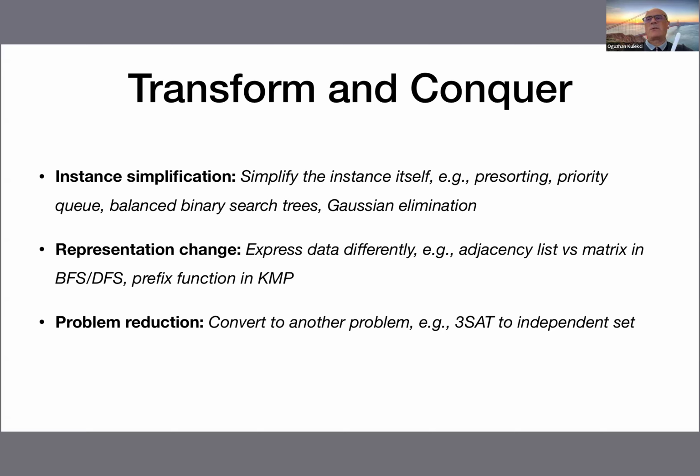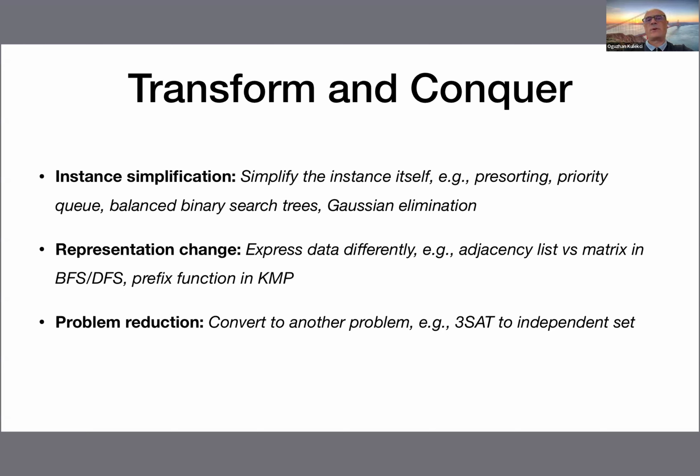Remember our discussions about those graph algorithms? Sometimes it is good to use an adjacency list. Sometimes it is more appropriate to use an adjacency matrix. Okay, so that is a representation change. You are changing how the input data is represented. So that is why this is a little bit different than the instance simplification.